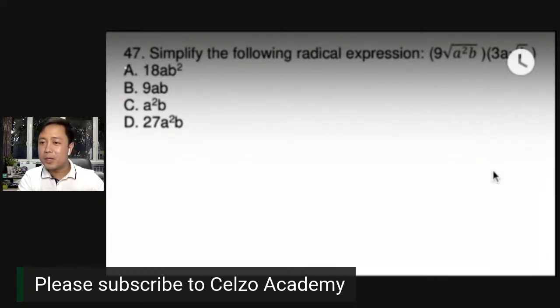All right, natakpan na naman yung huli. The last term is 3a root b. Yung natakpan ay 3a square root of b.